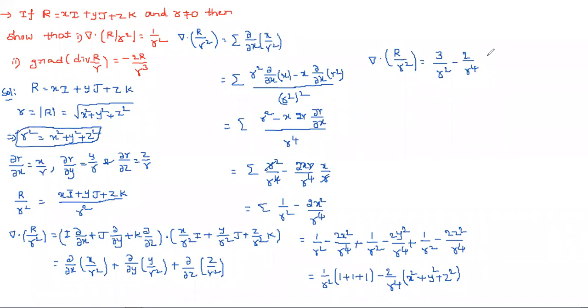So simply we can write it as r square. Here r square, and 2 times cancel, and then we get 3 by r square minus 2 by r square. So take LCM, r square is the LCM, 3 minus 2 is equal to 1. So 1 by r square.